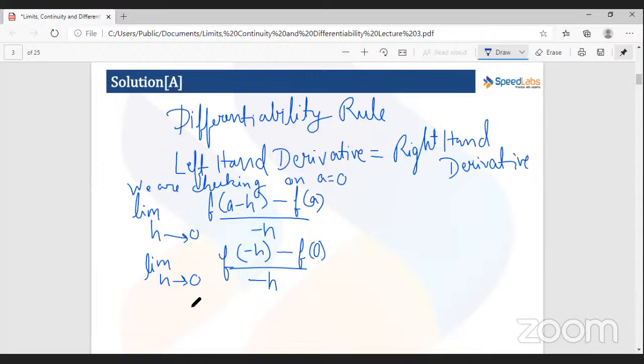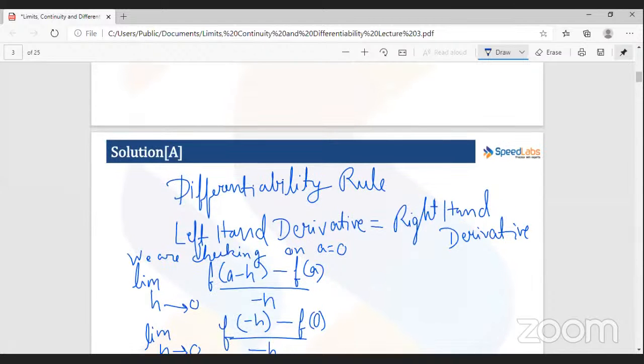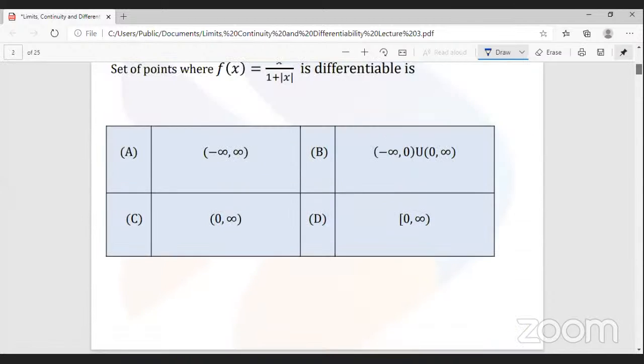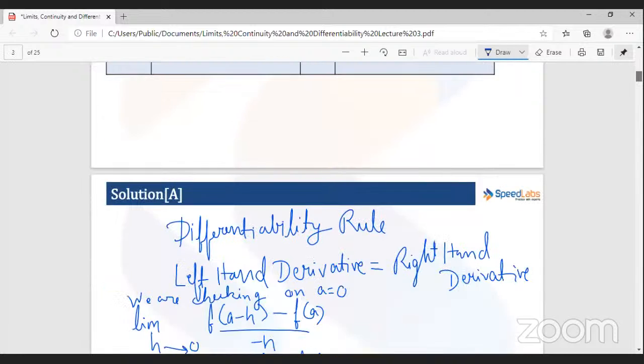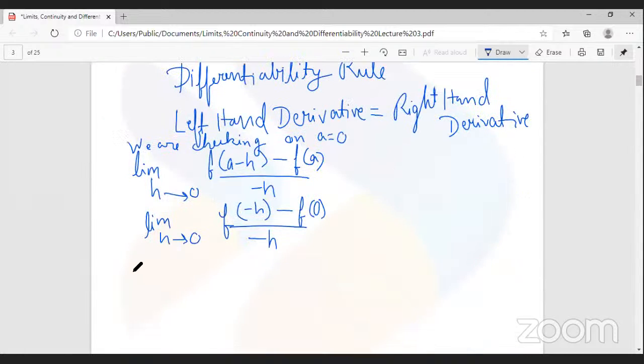Now, what is f of minus h here? fx is x upon 1 plus mod x. We have to find f of minus h. It will be minus h upon 1 plus mod of minus h.